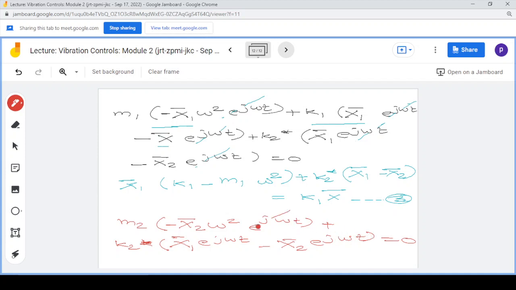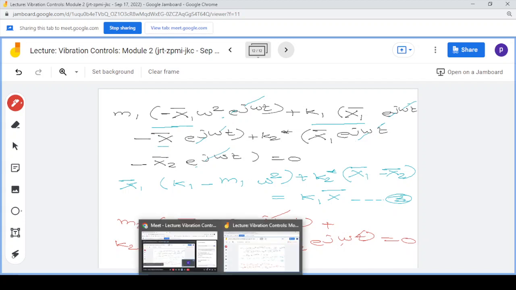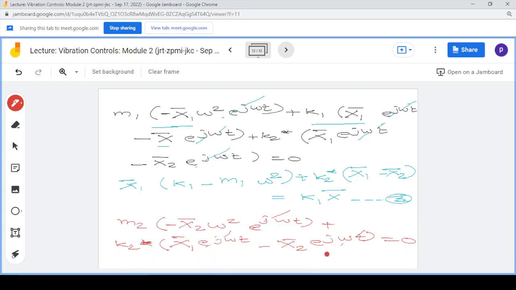Now we cancel out this term which is common to all three, and after simplification we will transfer this k2 star to the right side and combine the x2 terms together.